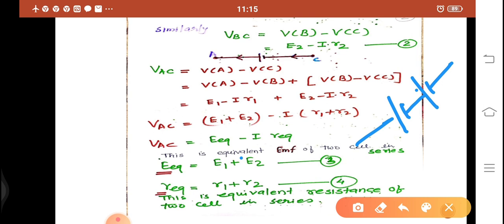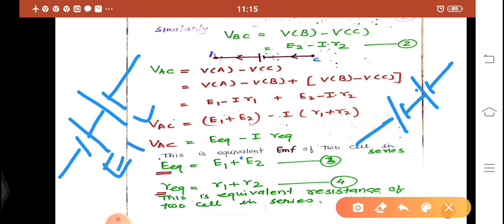But if it is like this, positive and positive are connected, and it is E1 and E2, then it will be E1 minus E2 if the magnitude of E1 is more, and if the magnitude of E2 is more, then E2 minus E1.